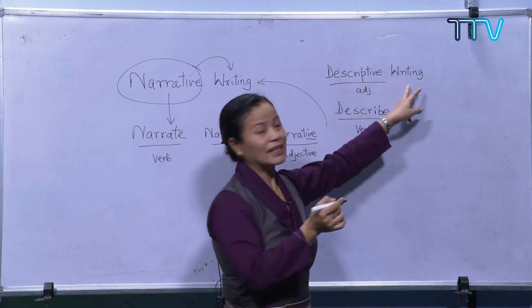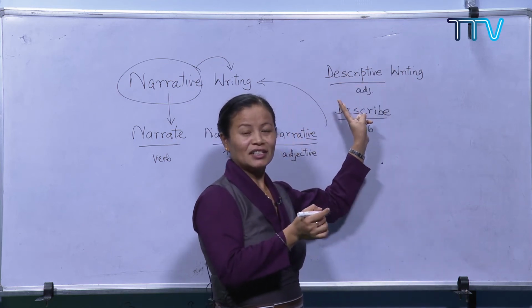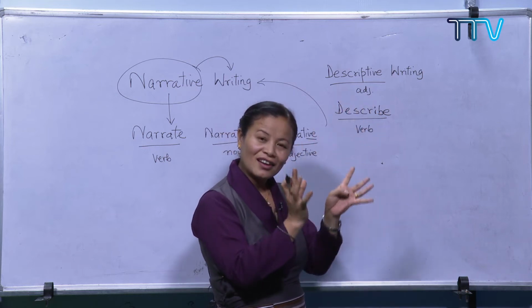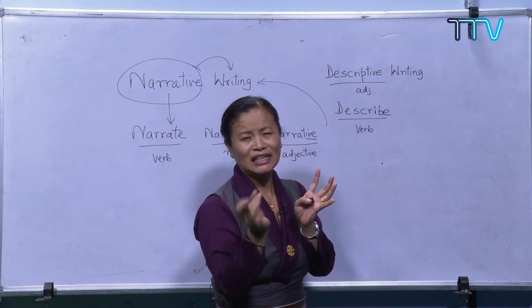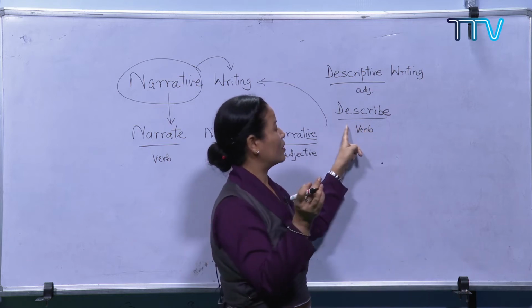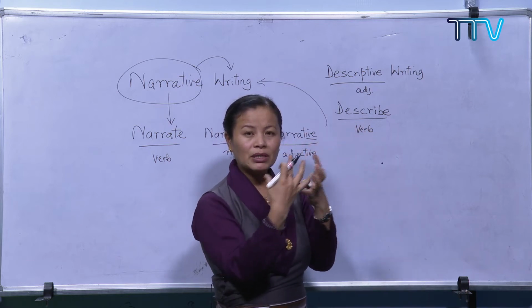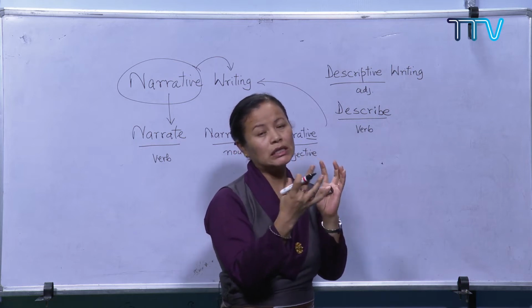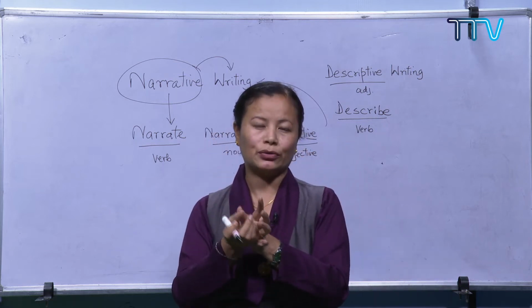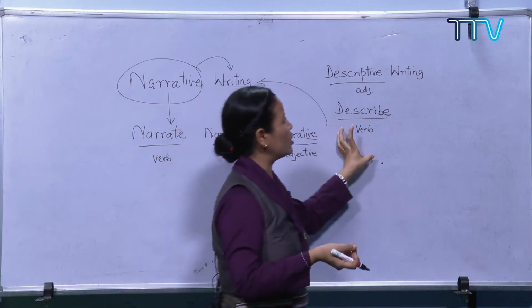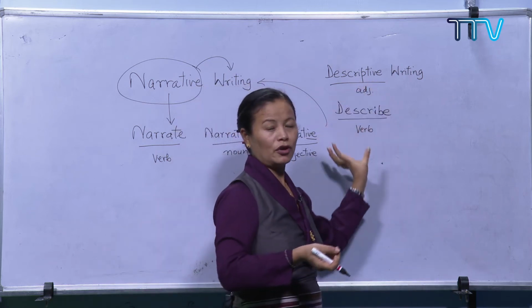So what sort of writing? Descriptive writing, where the author or the writer describes something in detail. This is how you can puzzle out the meaning of a word when it is unfamiliar to you: from familiar to unfamiliar, from known to unknown.